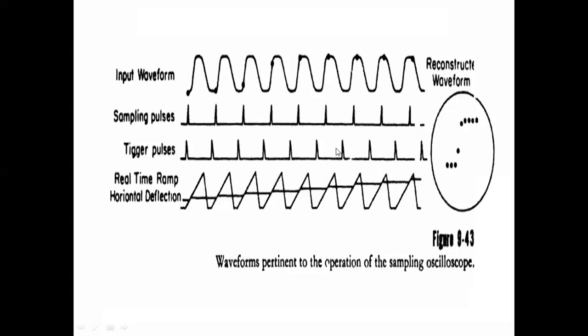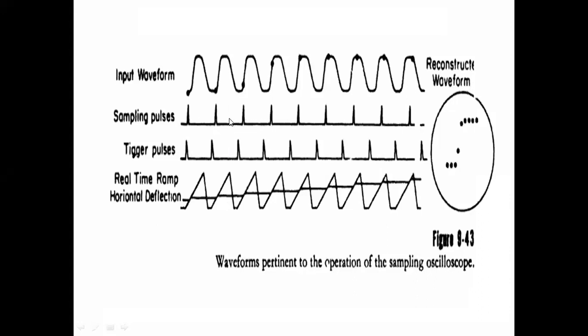So this is also a figure which represents how the trigger pulses and sampling pulses will be generated. When the trigger pulses are applied, these are the trigger pulses and these are the sampling pulses.